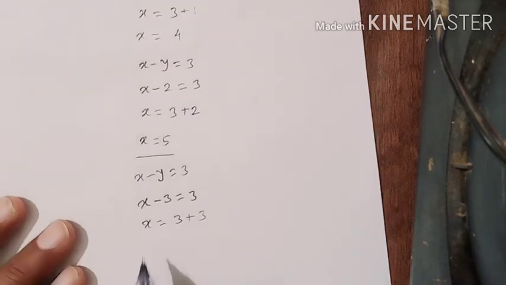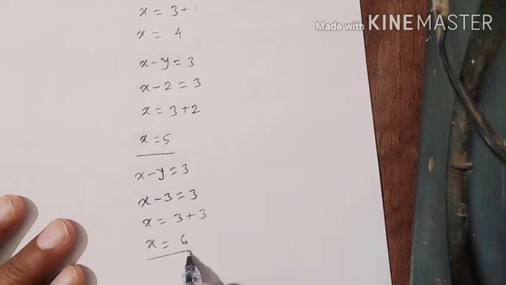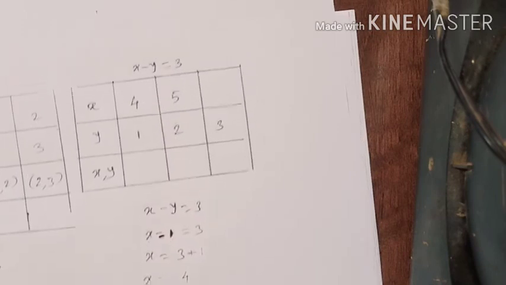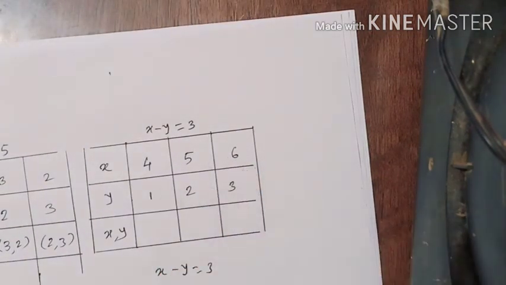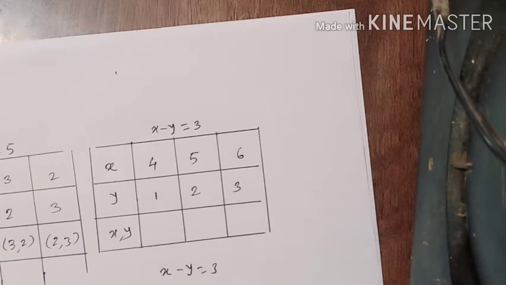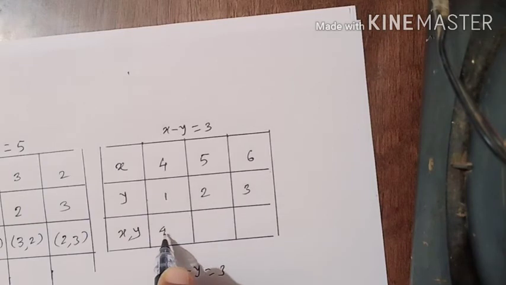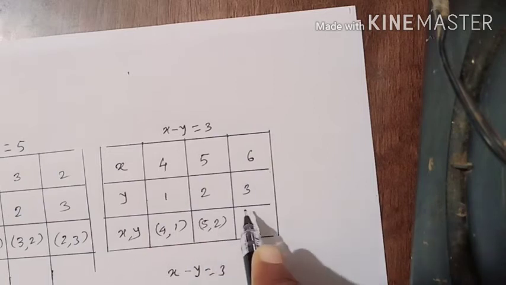Therefore x is equal to 3 plus 3, which is equal to 6. It is the value of x for the third column, and here I will write 6. Boys and girls, write the coordinates of the points, that is 4 comma 1, here 5 comma 2, here 6 comma 3 in this way.